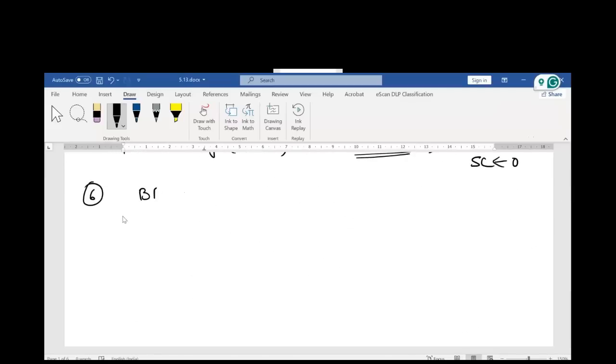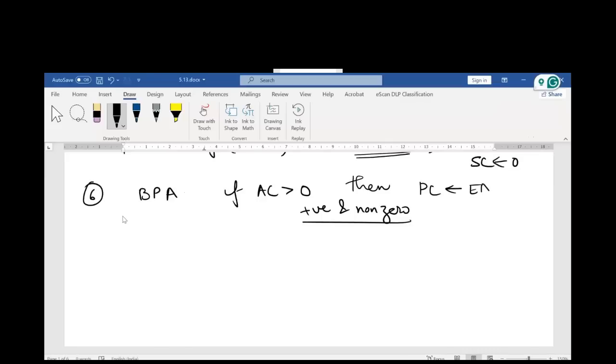BPA: here you need to check if the accumulator is greater than 0, that is, it should be positive and non-zero. If your accumulator is greater than 0, then branch. How would we branch? Save the effective address to PC. Whatever address we provide to PC, you will be branching to that particular location.